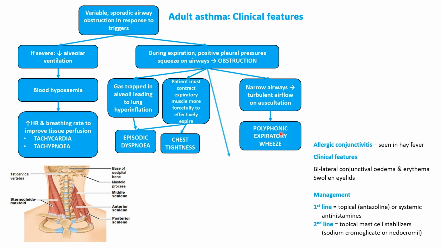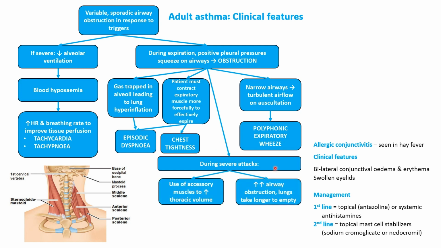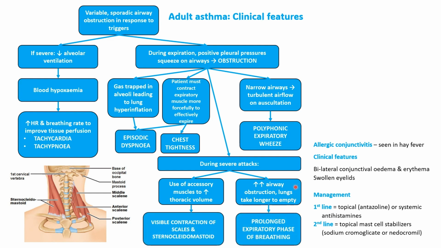During severe attacks, there's going to be use of accessory muscles to increase the thoracic volume. Okay. There's also going to be increased airway obstruction, and the lungs take longer to empty. So because of the increased accessory muscle use, we'll see visible contraction of the scalenes and sternocleidomastoid muscles, which we can see here.